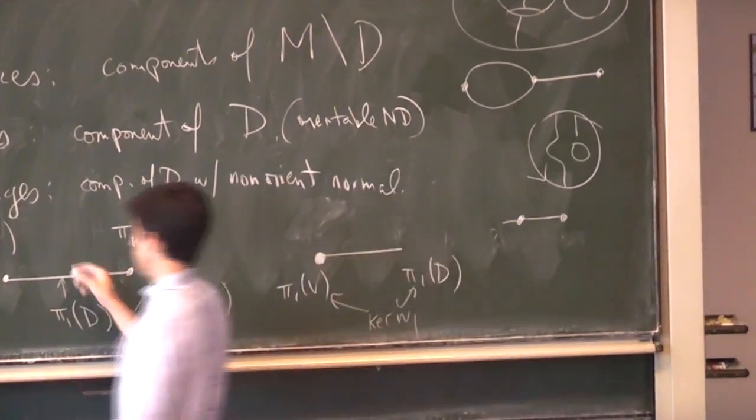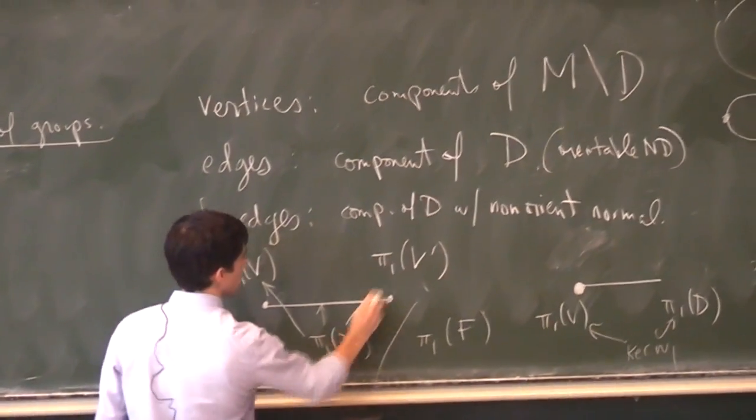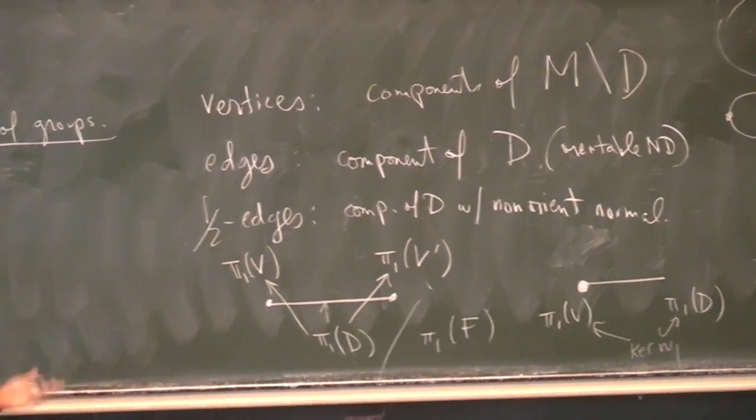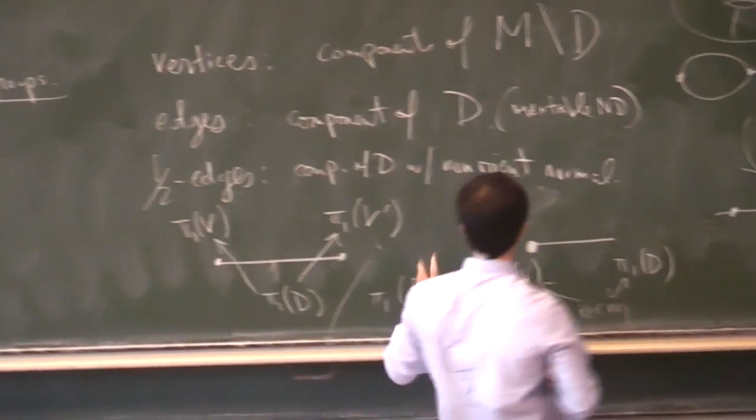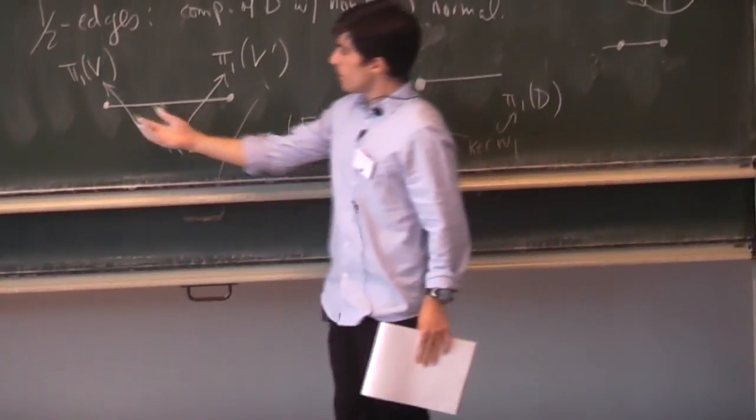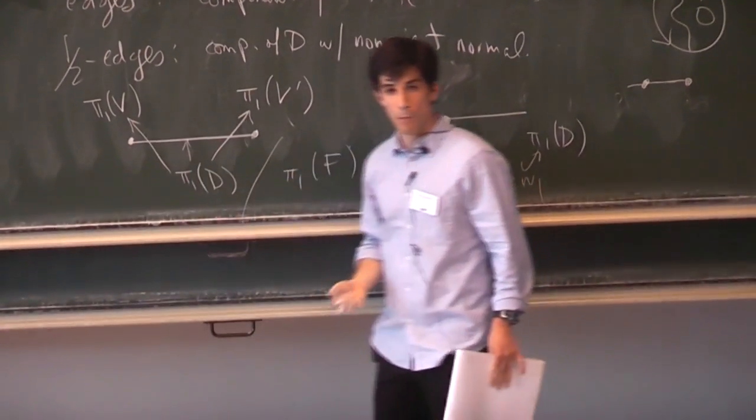In this case, you get maps from this group to this group. Obviously I don't have time to go into all the details, but the point is that this graph is equipped with a bunch of groups and a bunch of group homomorphisms between them.